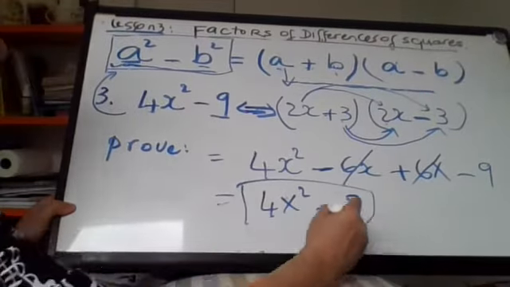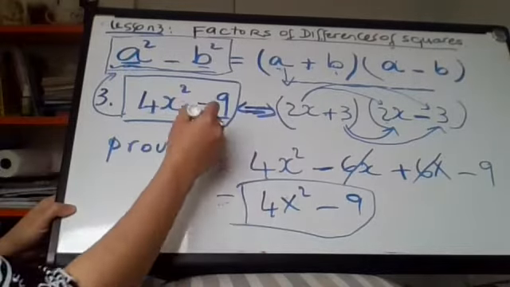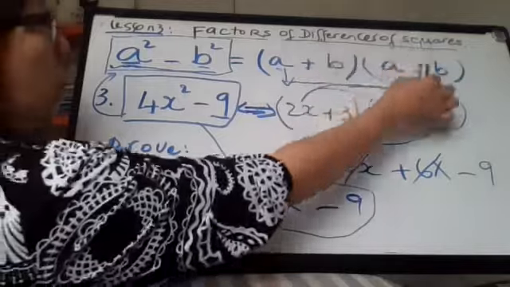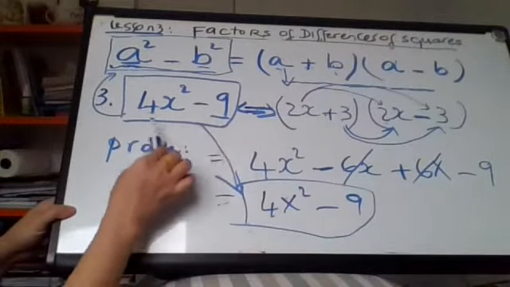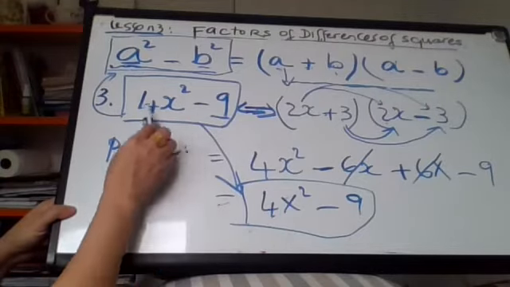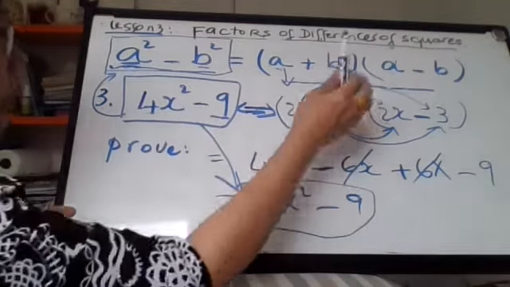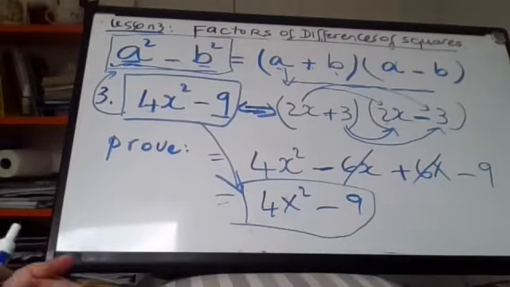Now let's take a look at the left side here, right? They're exactly the same. So it proves to you that this formula is always correct, regardless of what our expression on the left is. As long as it has a pattern of a squared minus b squared, we apply this formula, we factor, and it's always correct.